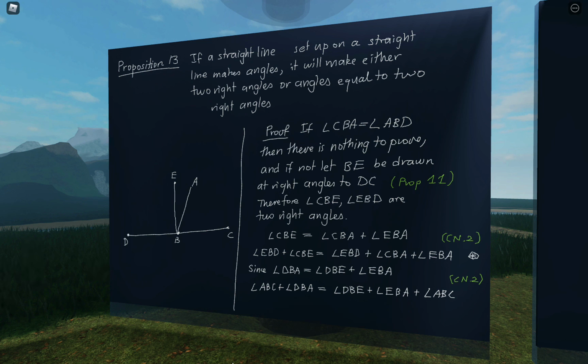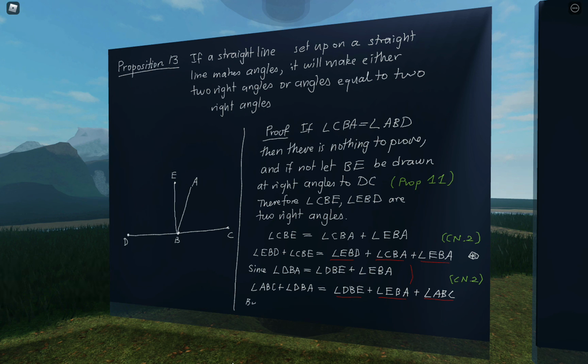But the angles CBE, EBD were proved equal to the same three angles, right? So let's have a look. So EBA, ABC, EBD, DBE. Okay, so the right-hand sides there are equal.